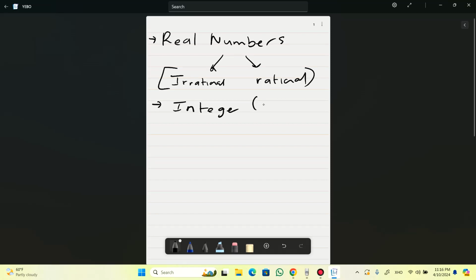Here we have negative integers and positive integers as well, and we'll look at these later on. And then we have what we call a whole number. And that's about it.